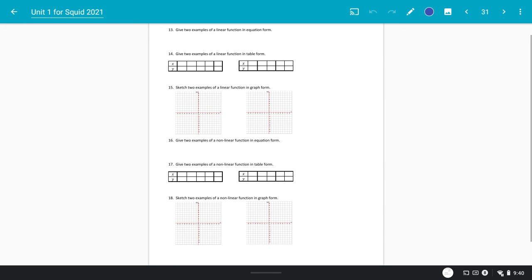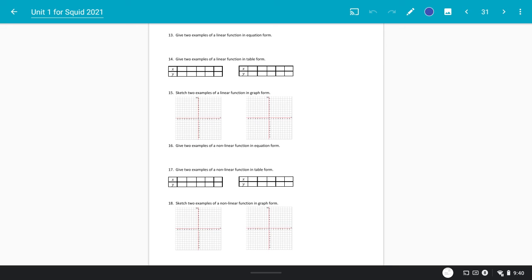Do me a favor. On numbers 13 through 18, which is the second page, instead of just doing the evens, do one, because they each say, give me two of this, give me two of this, right? Instead of that, give me one of each of those on the second page, 13 through 18. Like number 13 says, give me two examples of a linear function in equation form.